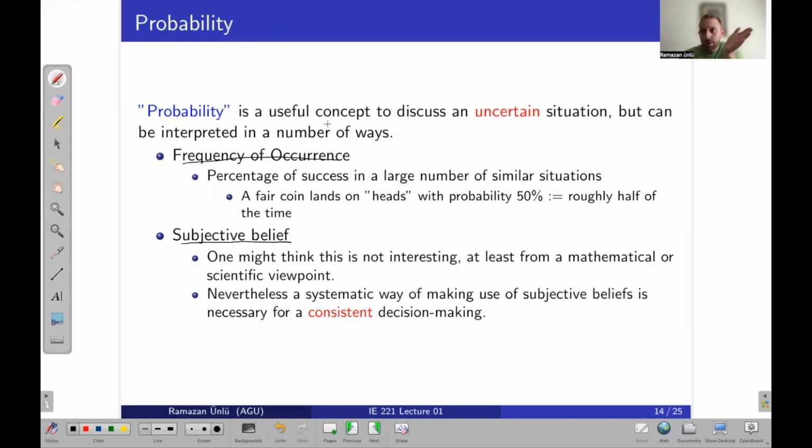Again, the probability is the concept for the uncertain situation. So there is nothing which is certain, right? In the first option, we can calculate the probabilities by looking at the frequency of the occurrence. What I mean? Let's say I toss a coin again, and I did it like 1,000 times.